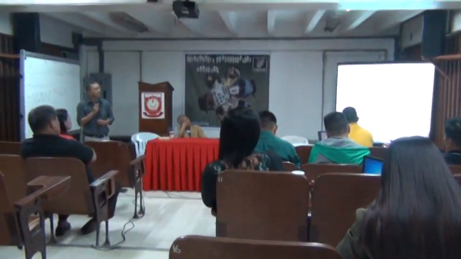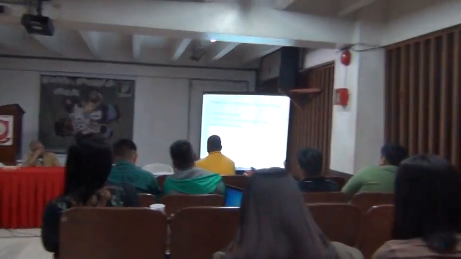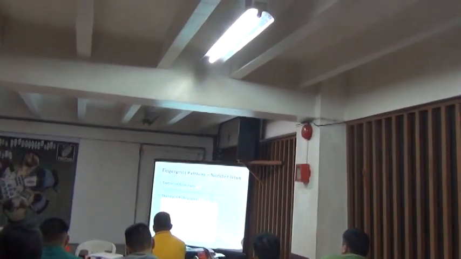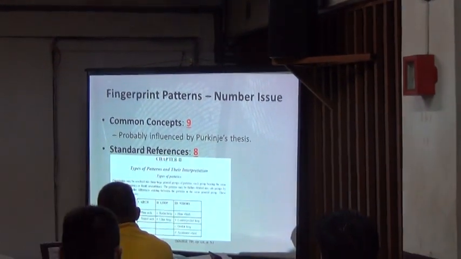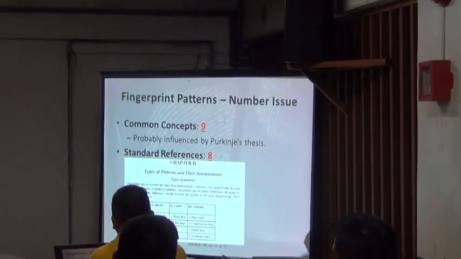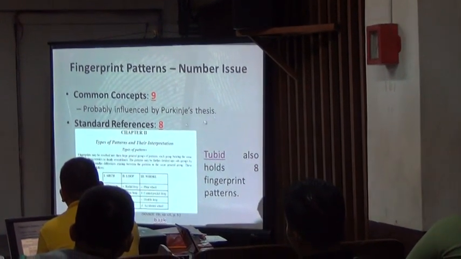This is the thesis. Second, next. But based on standard references, the FBI, that is 8. And even in the book of our esteemed author, Sir Tubin, sir, kindly click on the hyperlink.